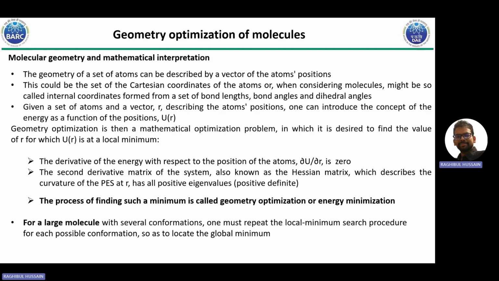So now, as I was telling, the molecular geometry is nothing but a function. Suppose water is there: you can represent water either in Cartesian coordinates or in internal coordinates. What are Cartesian coordinates? Exactly. What are internal coordinates?